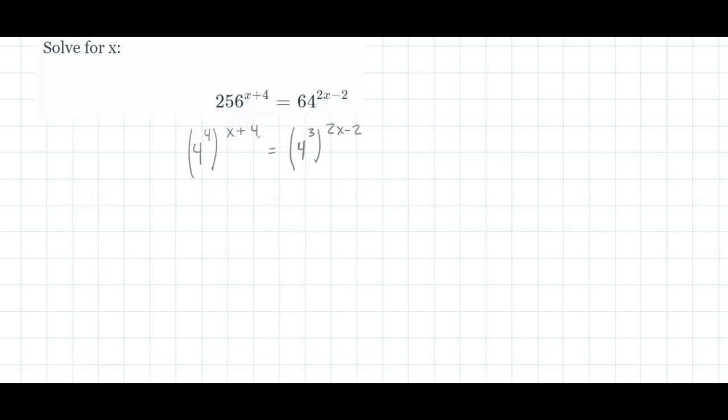So I rewrote 256 as 4 to the 4th and brought down the exponent. And I rewrote 64 as 4 to the 3rd and brought down the exponent. When I have an exponent raised to an exponent, I multiply them together.